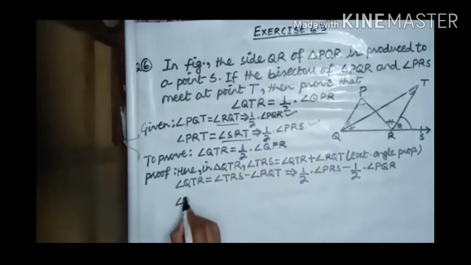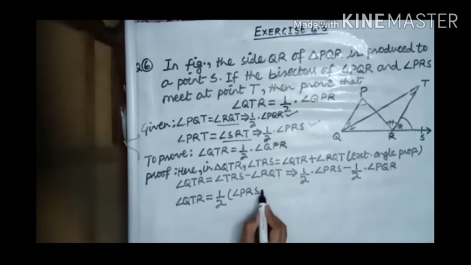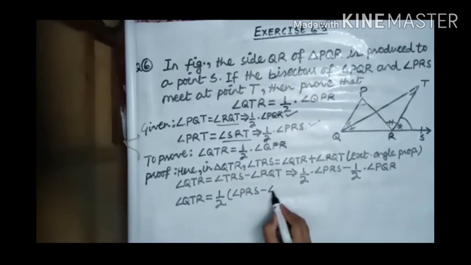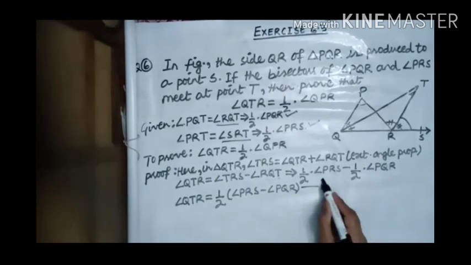So this angle QTR equals to, that half we take out as common, remaining angle PRS minus angle PQR. Let this be equation first.